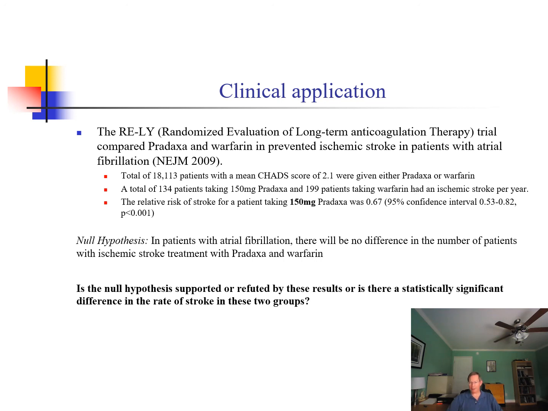They used a CHADS score, which was the earlier precursor to the CHA2DS2-VASc score, and patients were given either Pradaxa or warfarin.